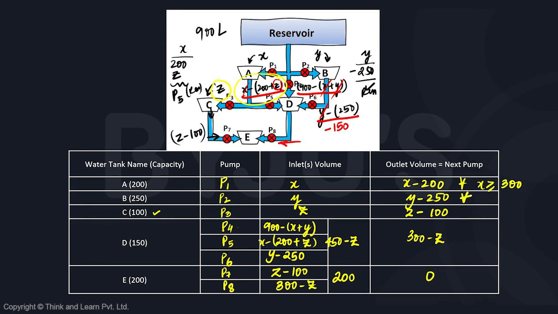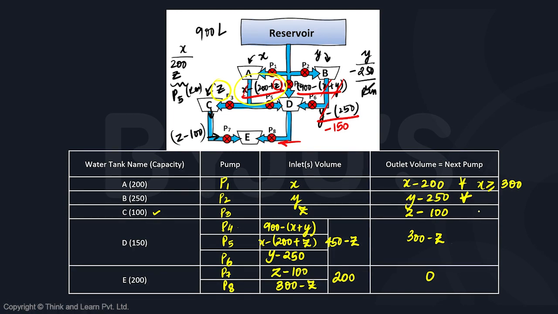For Y, B's outlet enters water tank D. Now D can be filled using pump 5 or pump 6 or pump 4, so that is not an issue.